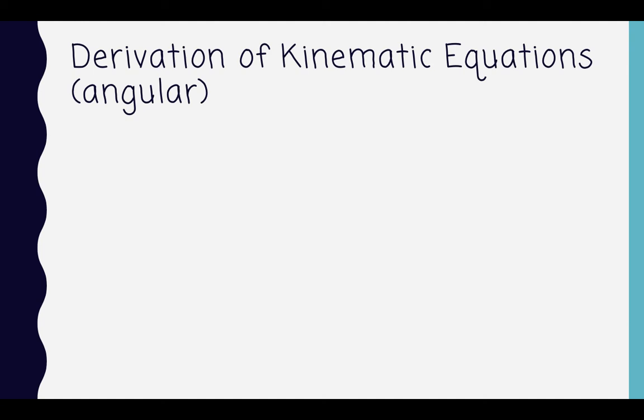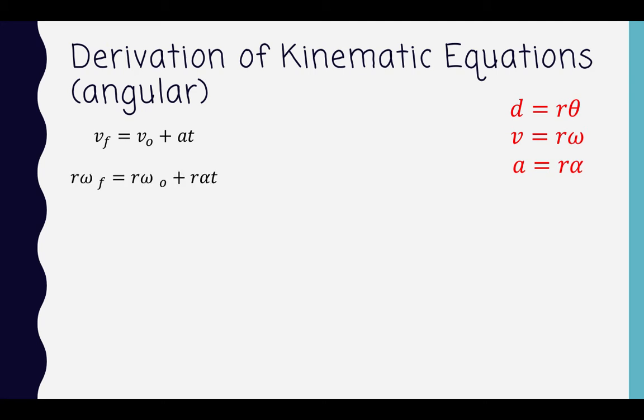You already have 4 kinematic equations under your belt. These are the linear kinematic equations, but now we're going to derive the angular kinematic equations with the help of these 3 relationships. So the first kinematic equation, Vf equals Vo plus At, we can substitute velocity.